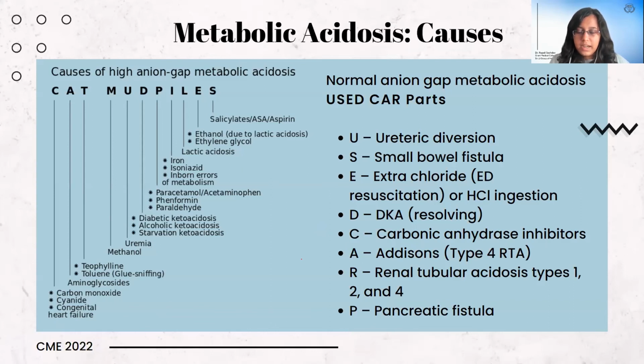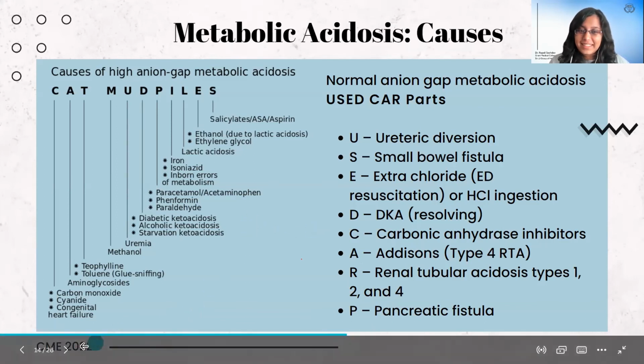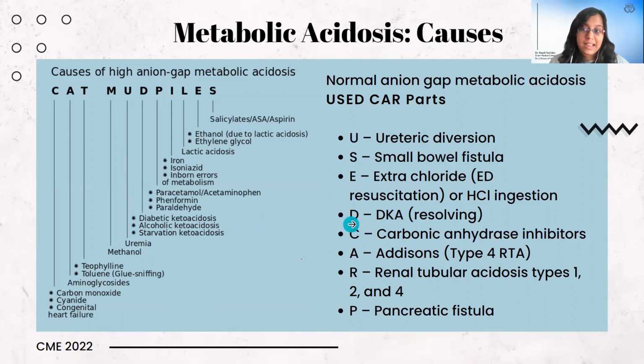Where is vomiting and diarrhea? It's very cool to confuse you guys. If vomiting or diarrhea तो नहीं है acidosis में. That's not why it's metabolic acidosis. It's metabolic acidosis on the ABG.